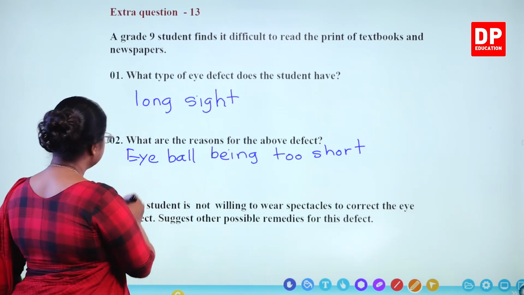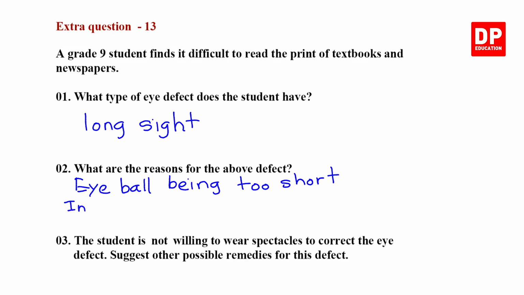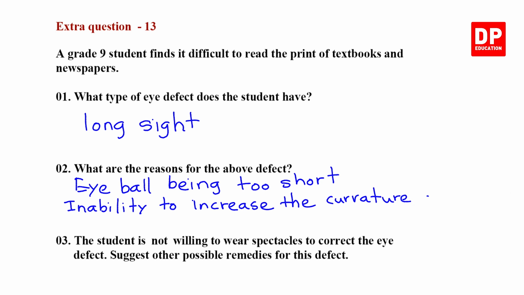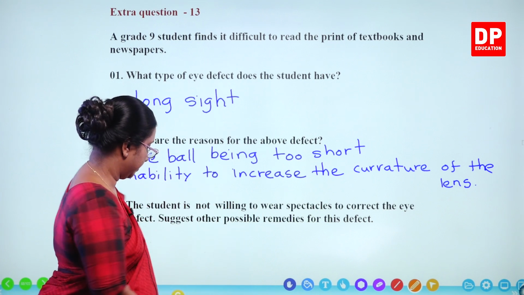So here there is an inability to increase the curvature of the lens. So those are the two reasons.